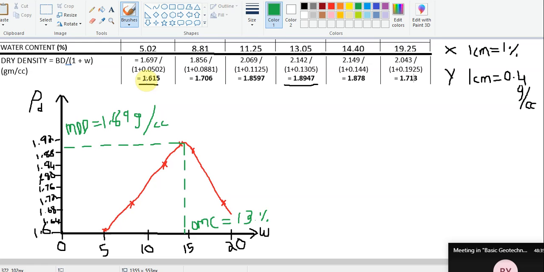If you have understood, please raise your hand. Very important problem in almost all the exams. This problem is asked for 10 or 12 marks.